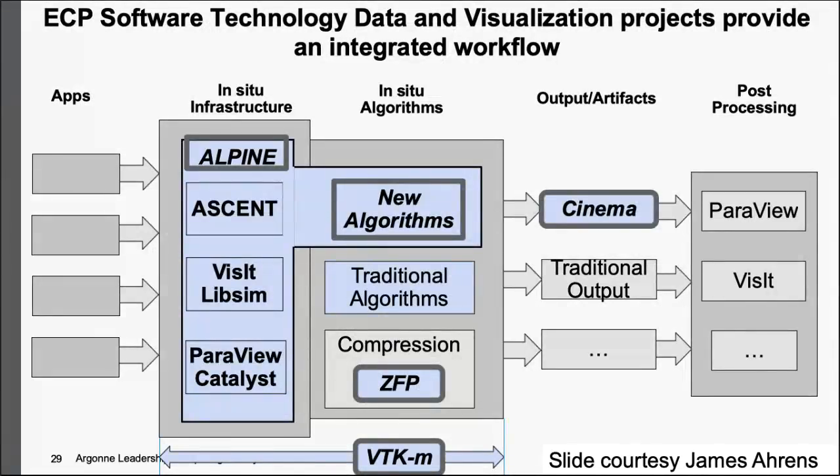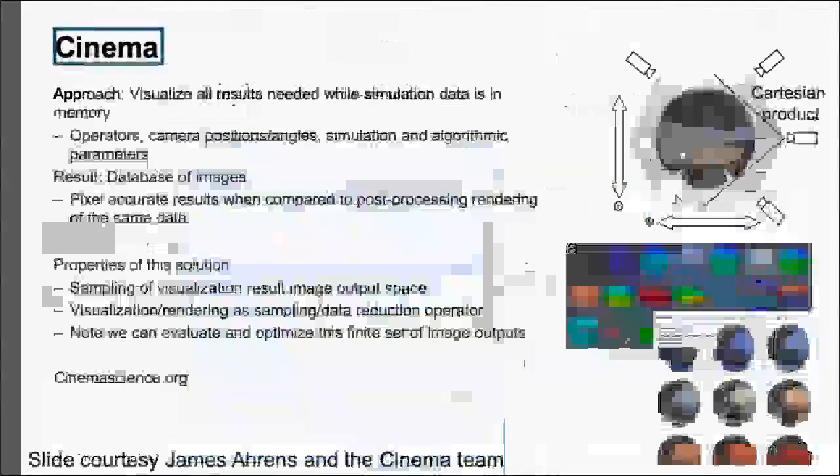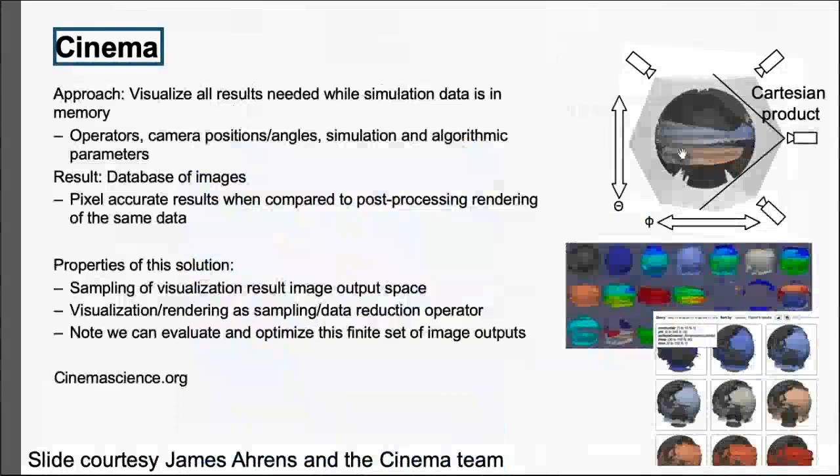But we may be doing it in different ways, with extracts, for example, generated by something like Cinema there in between. Not the full data set, but some relevant extracts that we have decided at simulation time may be relevant, or maybe the most important things. So with that, let's move to Cinema.